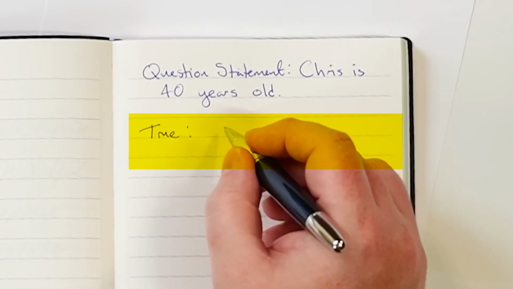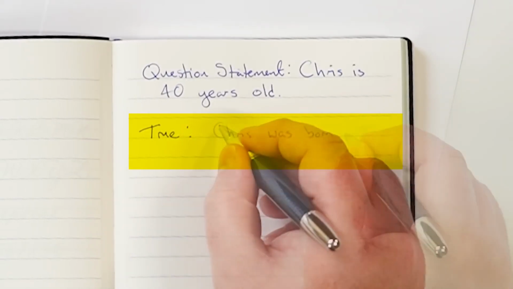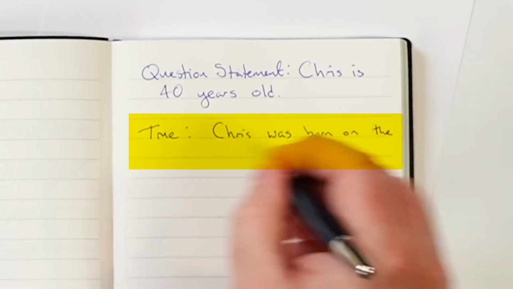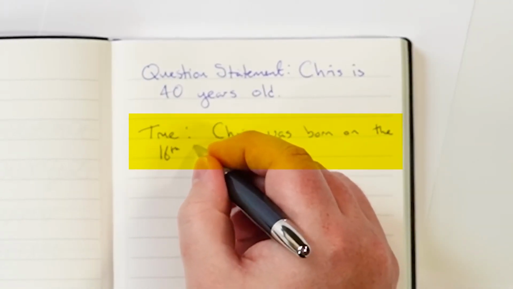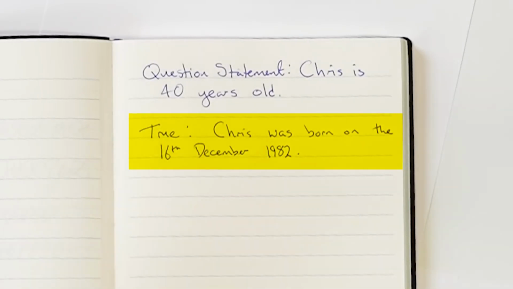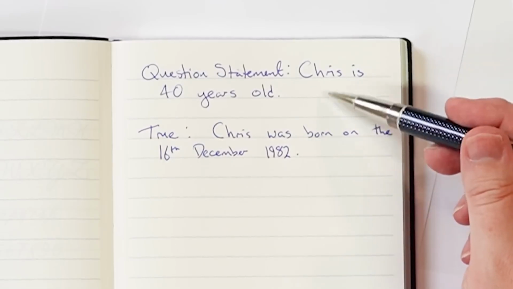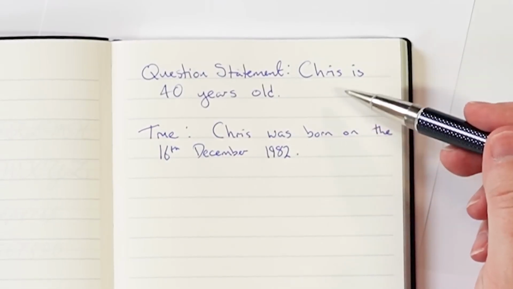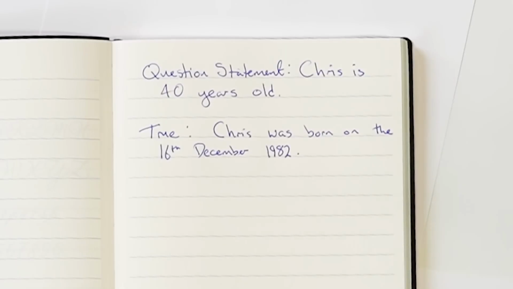So I am going to write, Chris was born on the 16th of December, 1982. Today, while I'm filming this, it is July 2023. So a true statement: Chris was born on the 16th of December, 1982. So these two statements agree with one another, all right? They mean the same thing. So this is a true statement.